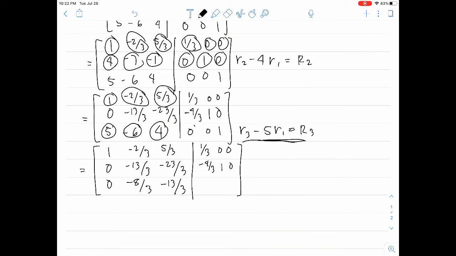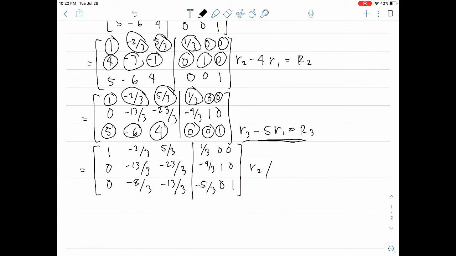Next is 0 minus 5 times 1/3, which is negative 5 over 3. 0 minus 5 times 0 is 0. 1 minus 5 times 0 is 1. Okay? So the first column is done, so proceed to the second column. But it should be a 1, so we change R sub 2.